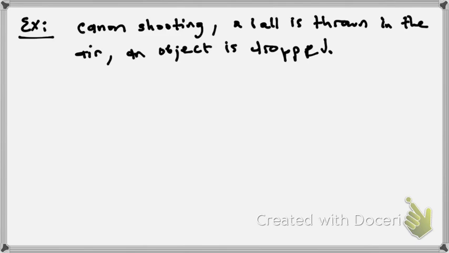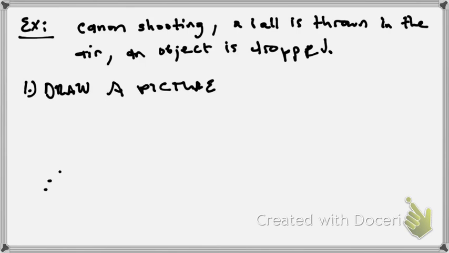For me, usually the first step in understanding a projectile motion problem is always to read the question and draw a picture. All right. And usually, most projectile motion problems can be solved by just drawing this arch.